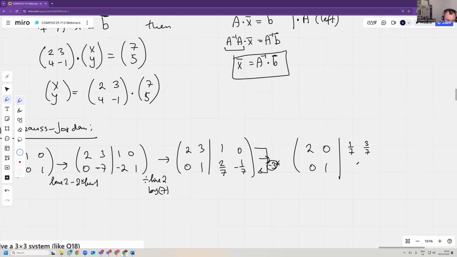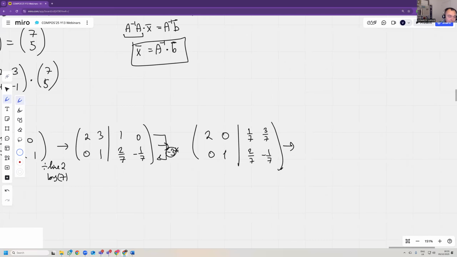And 0, 1, 2/7, minus 1/7. And then you divide the top by 2. Divide by 2. So you get 1, 0, 1/14, 3/14, 0, 1, 2/7, minus 1/7. So the inverse matrix is that.